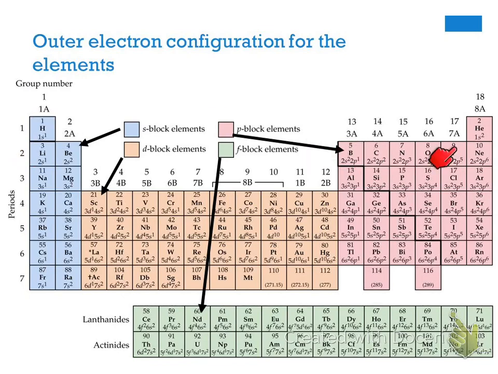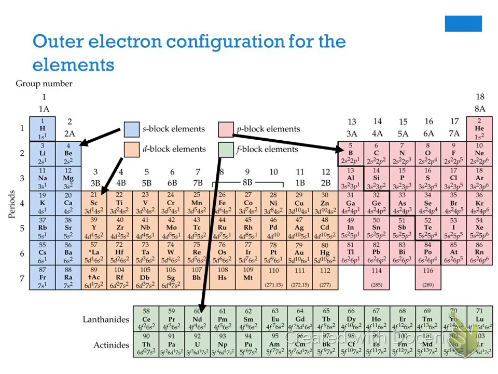P block, these groups over here, D and F. Okay, so just label them for now, and then we'll get to talking about really what that means. S, P, D, and F.